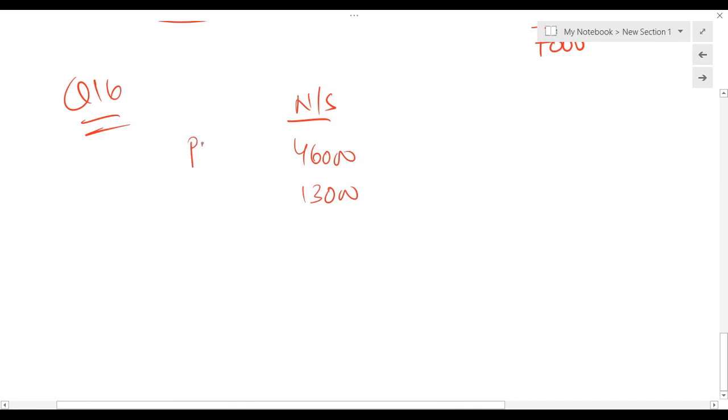That is property income. Employment income: 46,000 plus 13 gives me 59,000.